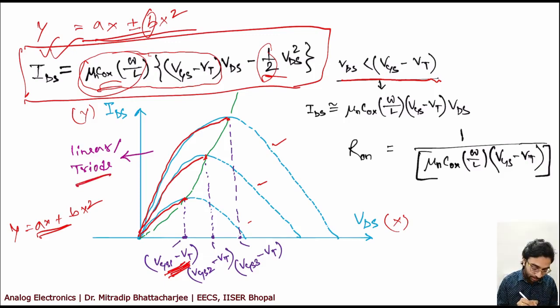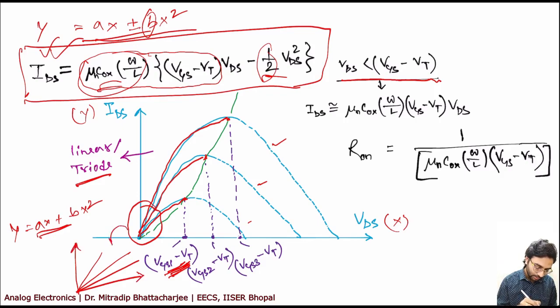And if you go deep into this triode region, you will find they are almost like straight lines. Remember, this part I represented with a dotted line.